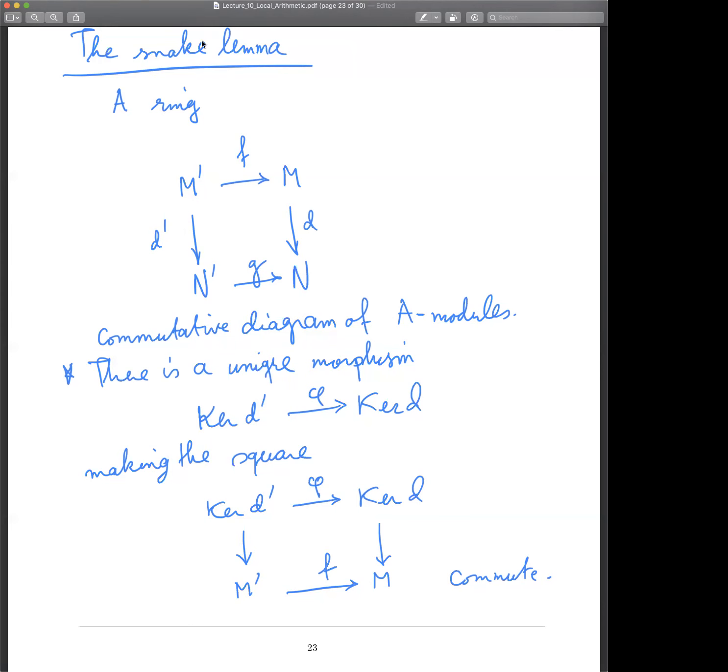So even before I state the snake lemma, there are these preliminary observations that whenever I have a commutative square, so I have these 4 A modules and these 4 morphisms of A modules, such that F followed by D is the same as D prime followed by G. That's what it means for this diagram to be commutative, right?